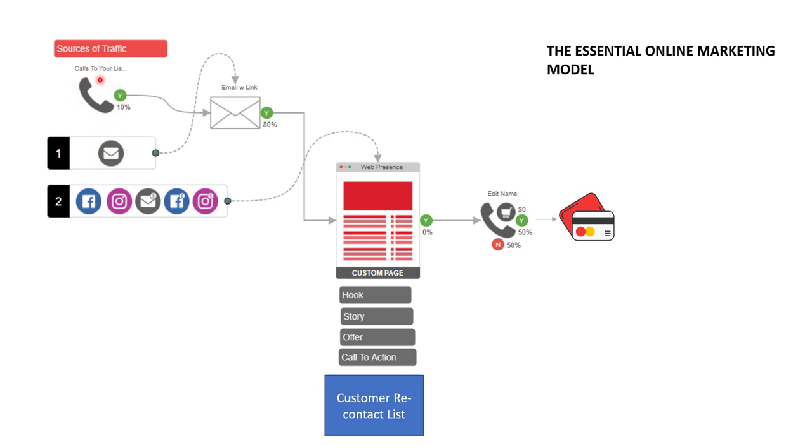This would be your telephone contacts that you have today. This would be your email contacts that you have today. Now, those people, for the most part, you're going to need to send them an email, and that email is going to have a link to whatever you've got on the internet, what I call your web presence. Okay, and that's going to be where you do your message delivery, your marketing message delivery.